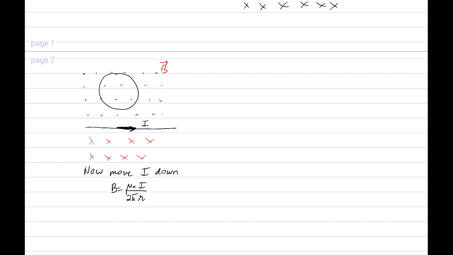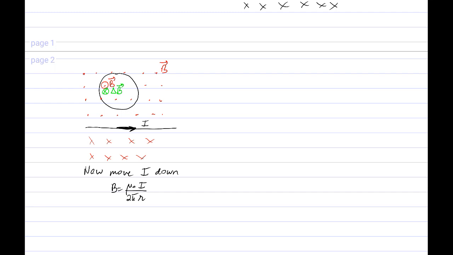So while originally the magnetic field through the loop was out of the page, and now the magnetic field is decreasing, the change in the magnetic field will be in the opposite direction. So that's delta B.